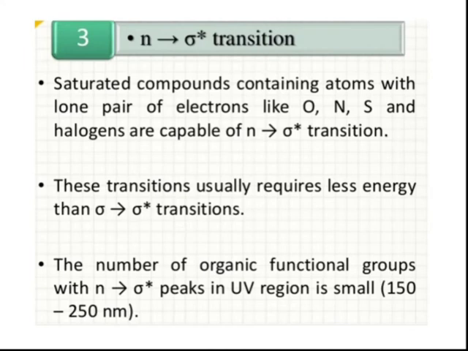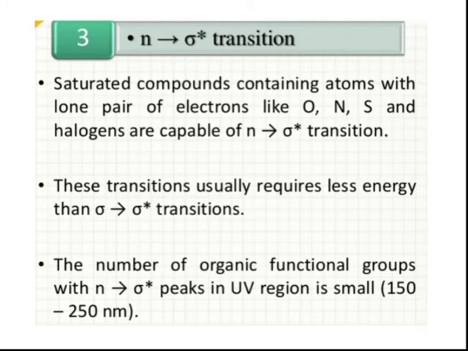Third type of transition is the n to sigma star transition. Obviously n is a non-bonded state, and the non-bonding electrons are from the lone pair of electrons which are present on atoms like oxygen, nitrogen, sulfur and halogens, and these are capable of n to sigma star transition.